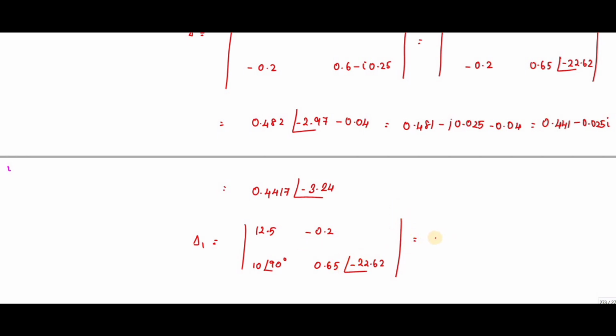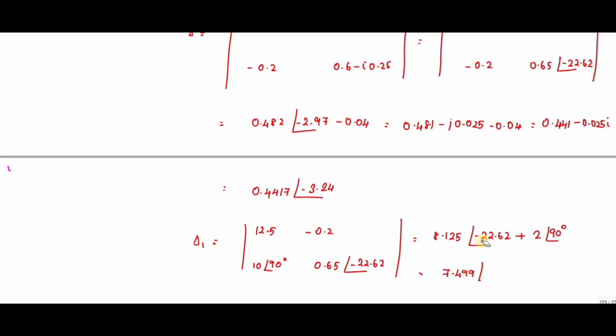If I multiply, I will get 8.125 minus 22.62 minus of 0.2, it becomes plus, so 2 of 90 degree. Okay. So if I convert, I will get 7.499.